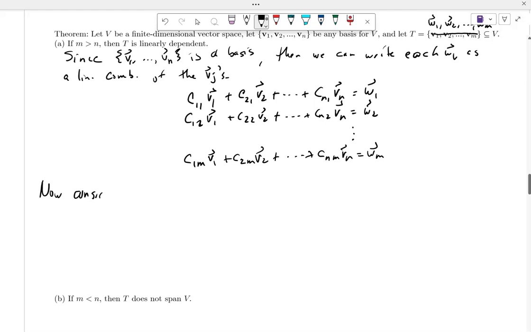Let's consider a linear combination, I'll call it K1 W1 plus K2 W2 plus Km Wm. Let's start with a linear combination that gives me the zero vector.